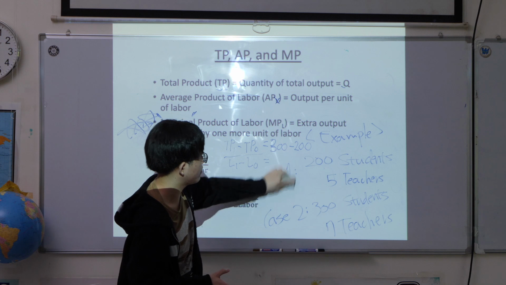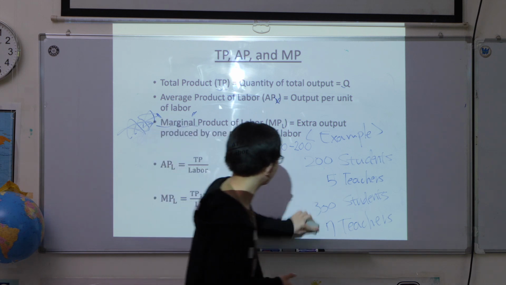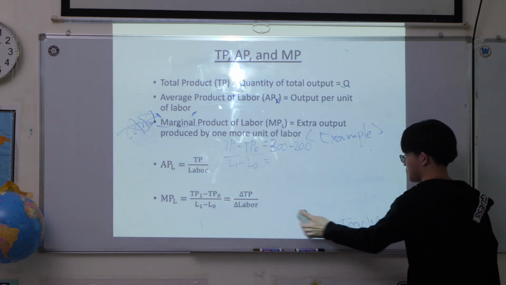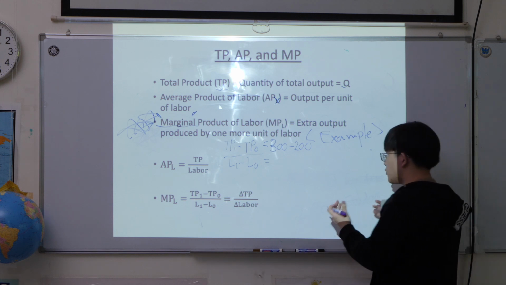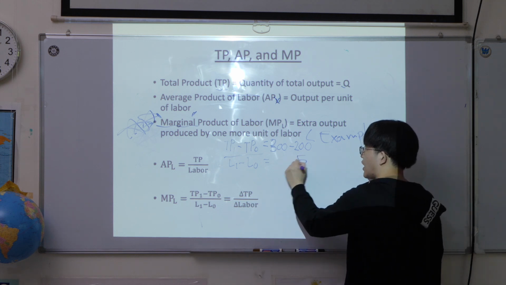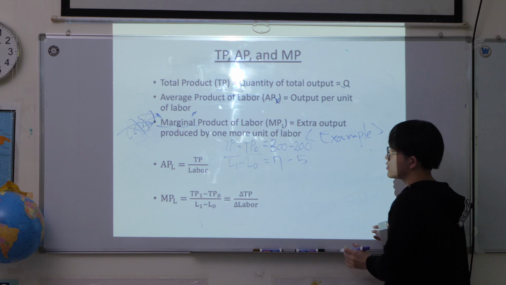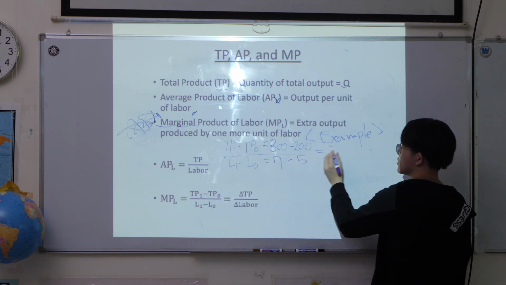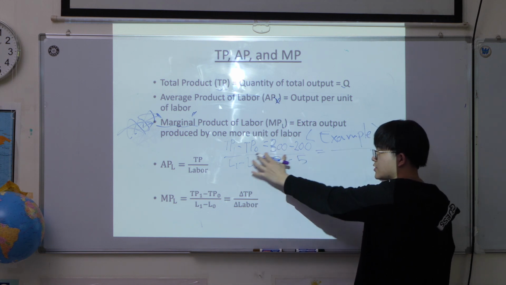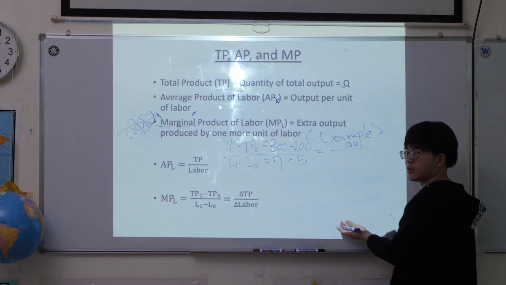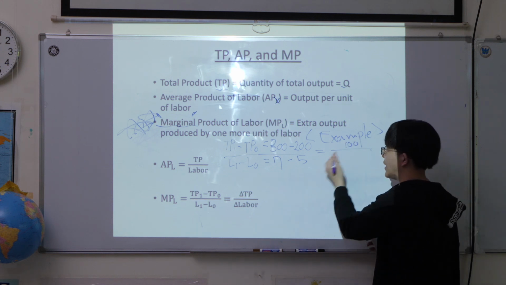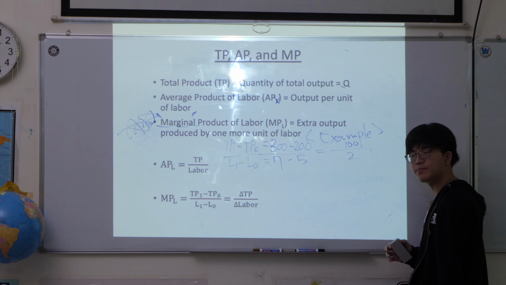So the difference is 100 for total product, and for labor the difference is 2.